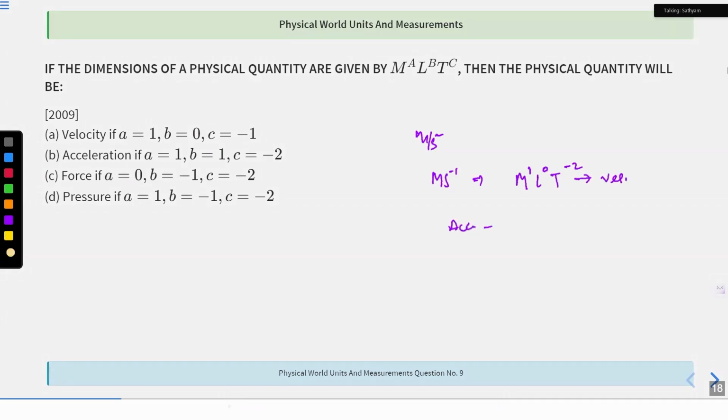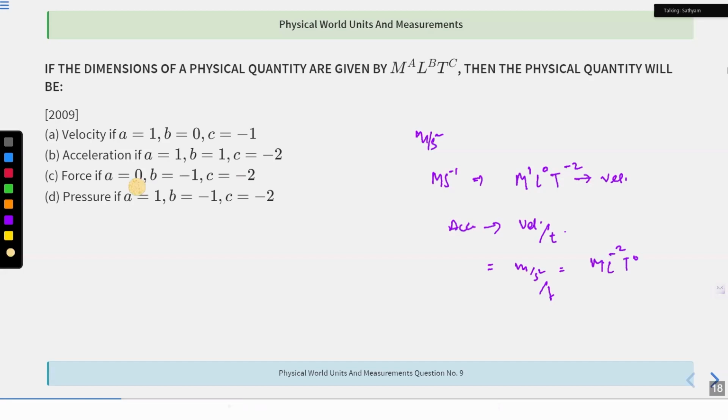Acceleration. What is acceleration? It is velocity by time. What is velocity? Meter per second square. So by t, meter per second. So this is m l minus 2 t0.